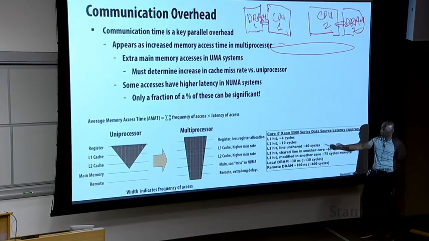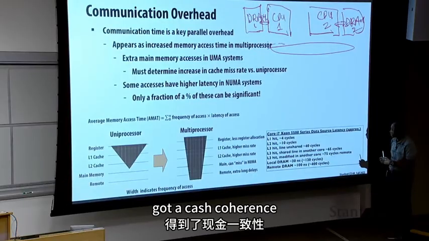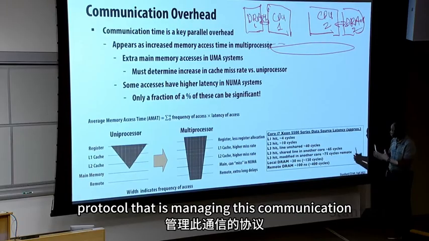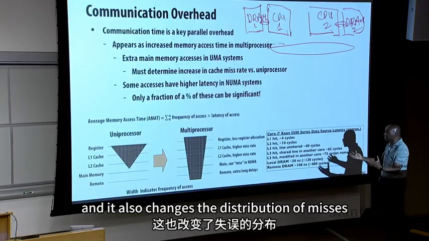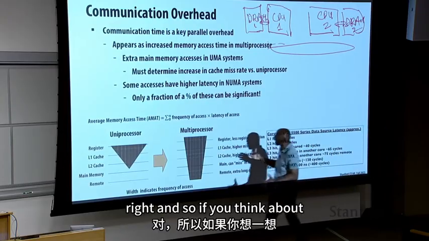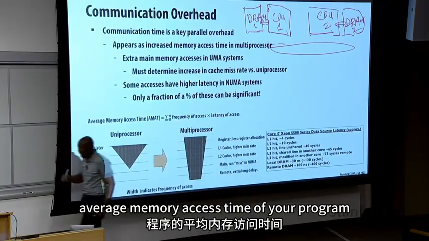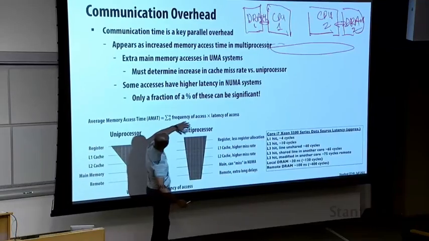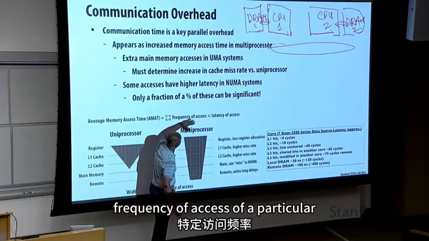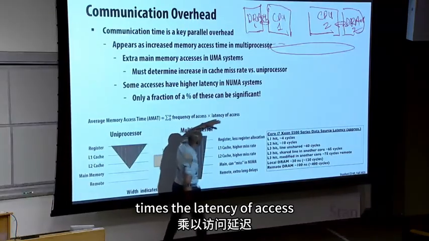So essentially, because you have communication, and a cache coherency protocol managing this communication, communication means extra latency, extra time, and it also changes the distribution of misses. And so if you think about the average memory access time of your program, it's going to be the frequency of access of a particular part of the memory hierarchy times the latency of access.